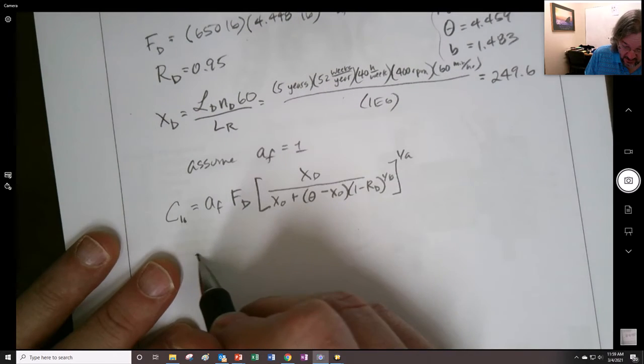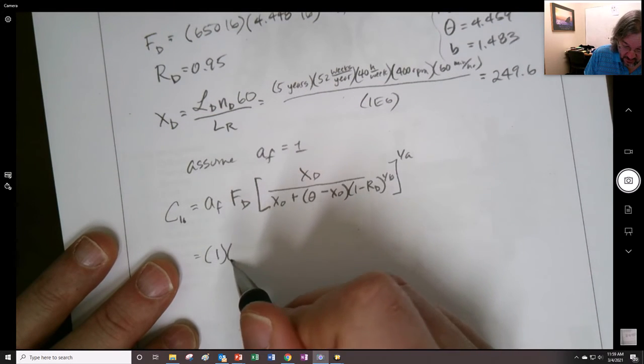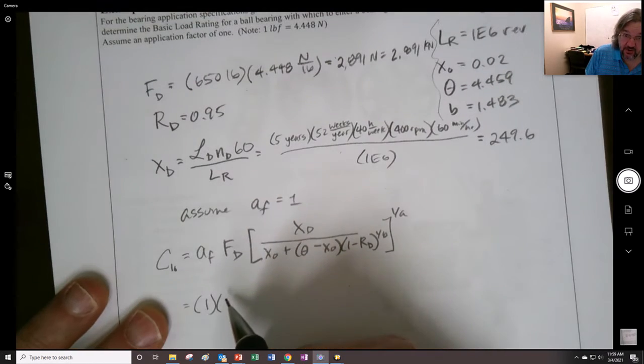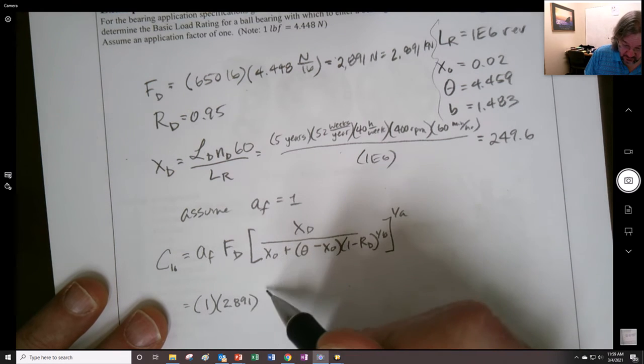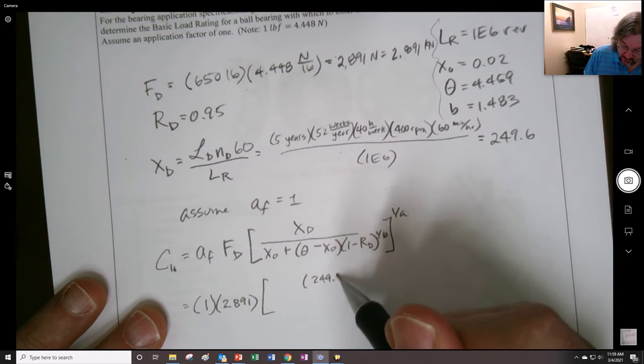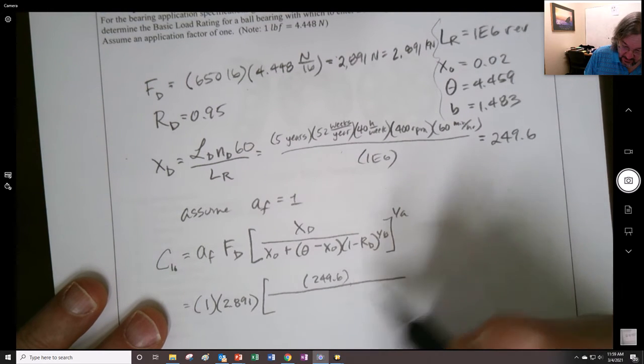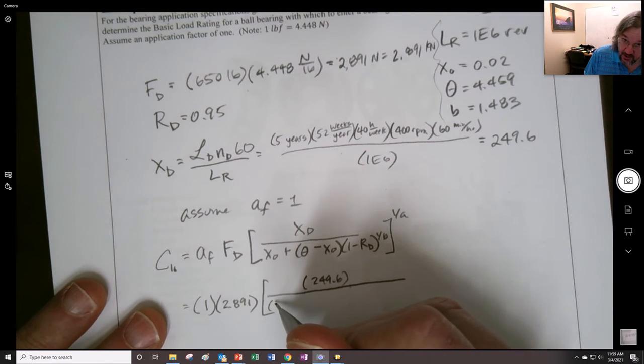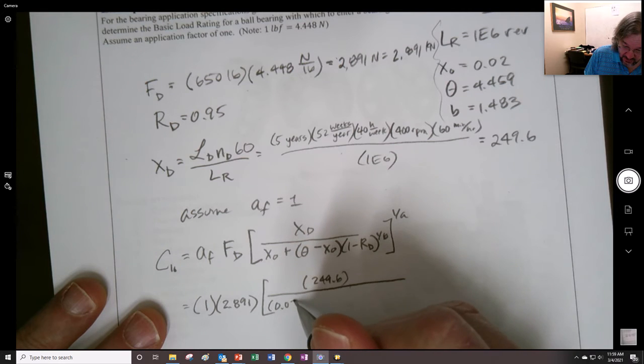So plug in some numbers. We say 1, we have our 2.891, we take our 249.6, and our XO is 0.02.